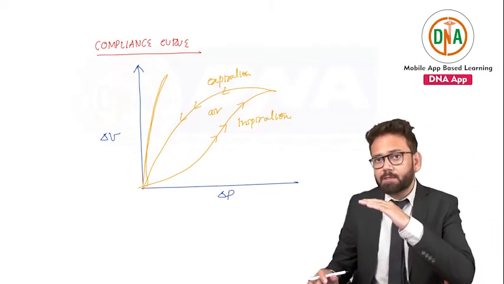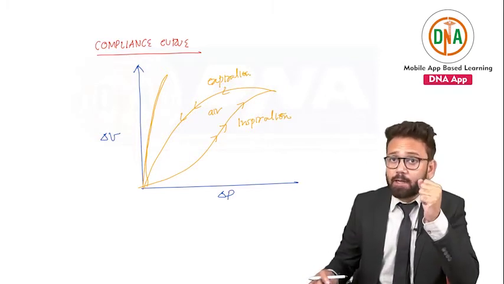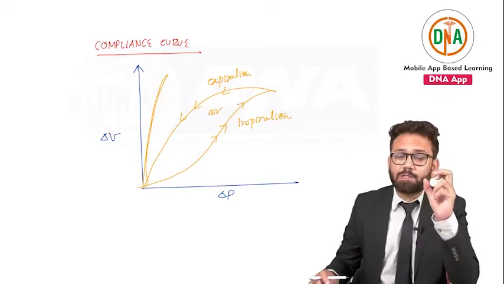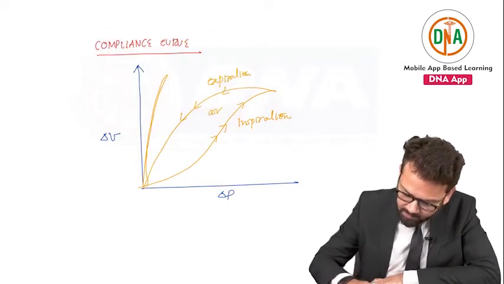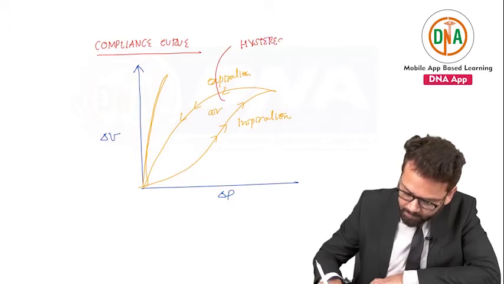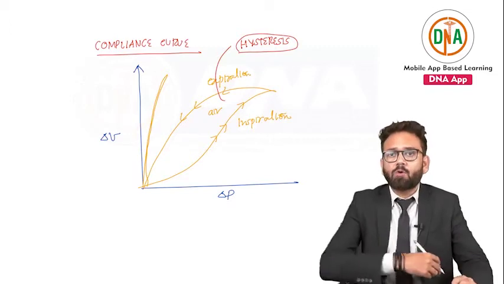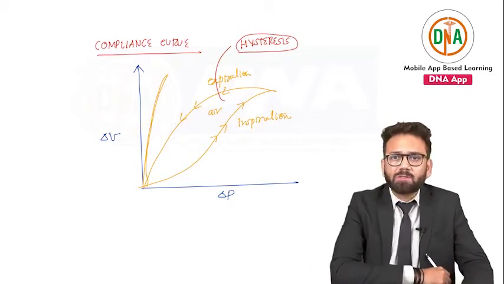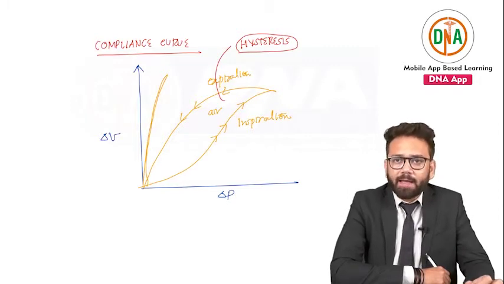So this difference in the compliance during inspiration and expiration is called hysteresis or hysteresis loop. Sometimes it is asked, what is hysteresis? Compliance of lung is different during inspiration and during expiration is called hysteresis.